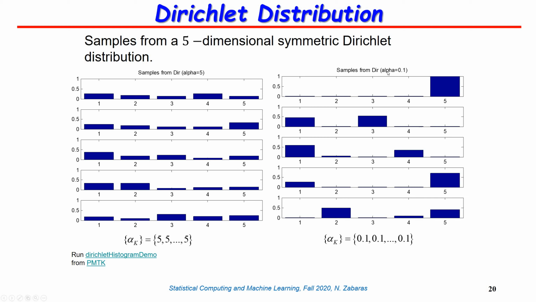If you take all the alphas to be 0.1, then you remember what I mentioned before, that most of the probability mass is in the edges of the distribution. Here I only have a few samples, but you can see lots of the samples are concentrated on the 2 edges of this distribution.